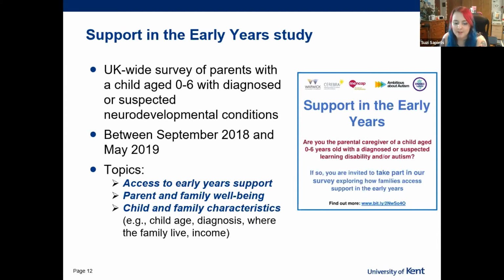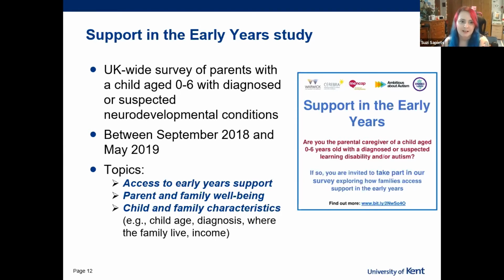The parents completed the survey anonymously between September 2018 and May 2019, either online or via a paper copy. We recruited families through social media and also asked several organisations to distribute to their own networks, such as charities that work with children and families, and services such as specialist schools.